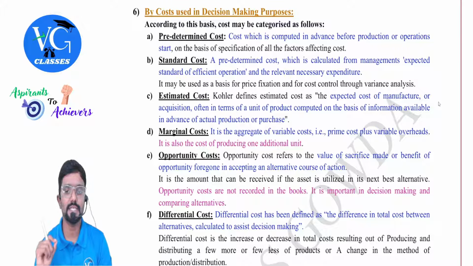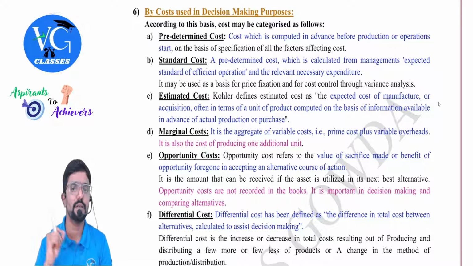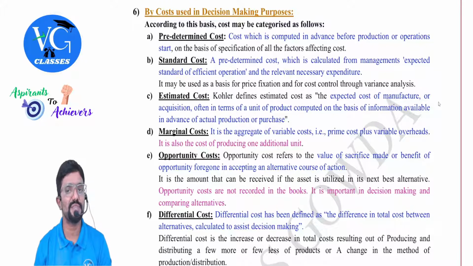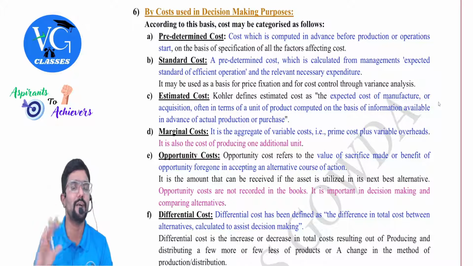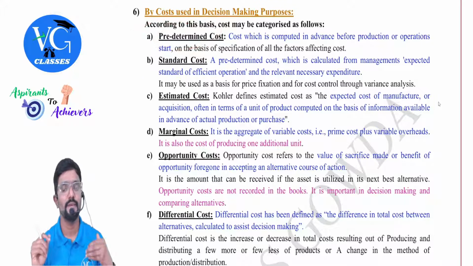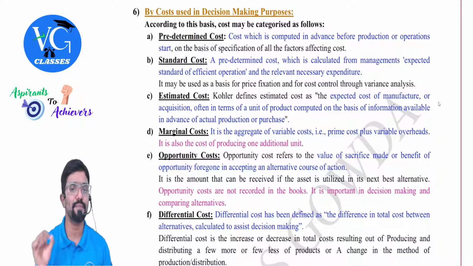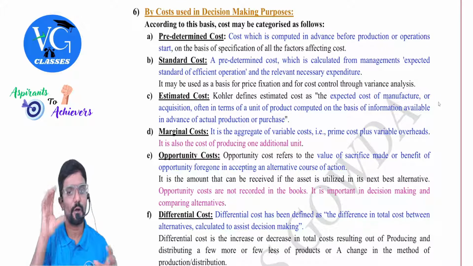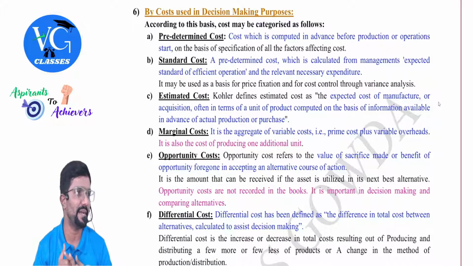Predetermined cost: cost which is computed in advance, before production or operation starts, on the basis of specification of all the factors affecting the cost, considering material, labor, overhead, everything. Then standard cost means a predetermined cost, same as in the first point, calculated from management's expected standard of efficient operation and relevant necessary expenditure.